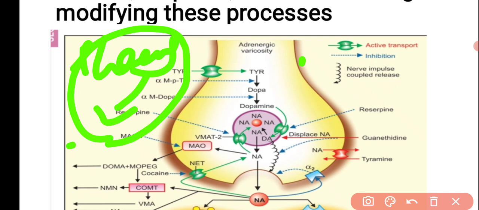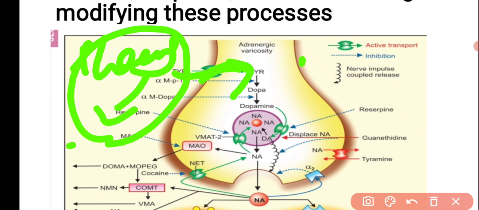This tyrosine is actively taken up into the nerve endings by active transporters, and the further process of noradrenaline synthesis takes place within the adrenergic nerve endings.